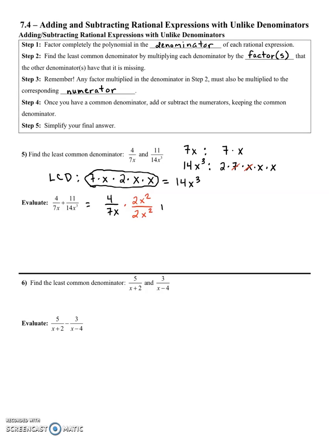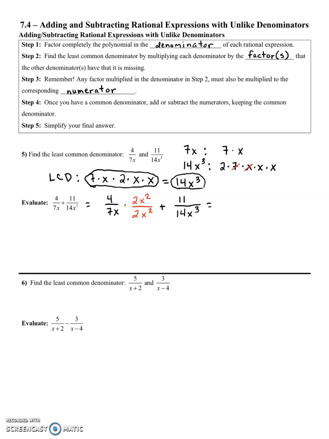Then we're going to add 11 over 14x cubed. And if you notice, since 14x cubed was our least common denominator right here, we do not have to change anything or multiply that expression by anything to get to the least common denominator.